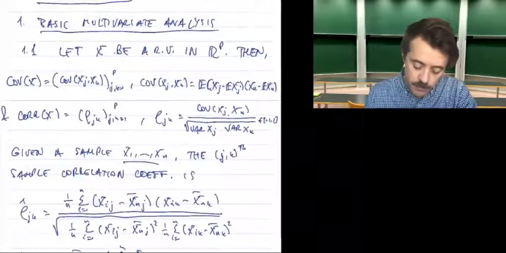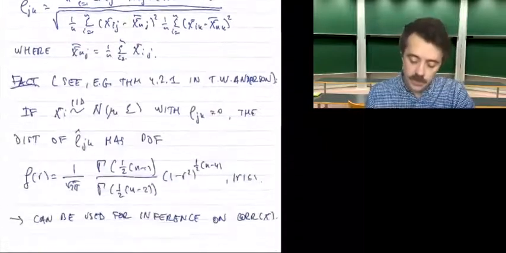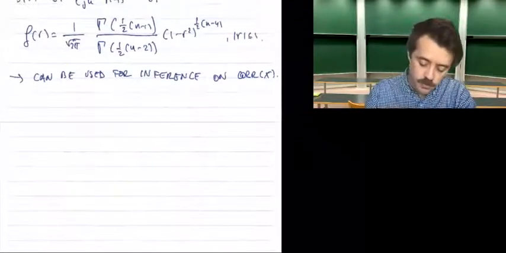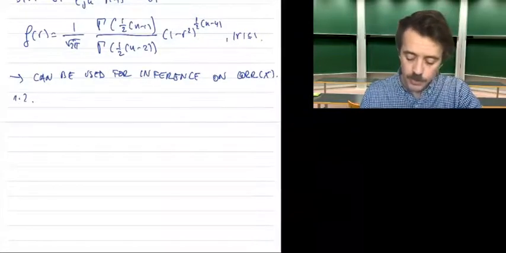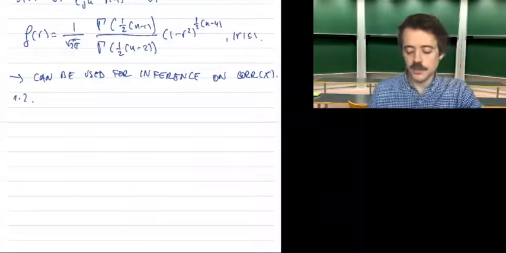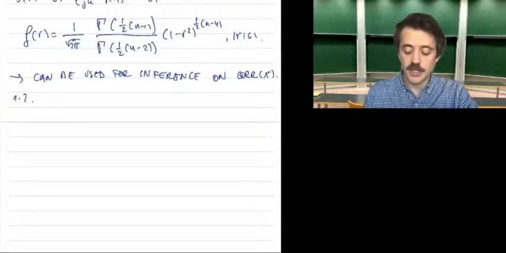So that was 1.1. Let me now say 1.2. What we're going to do is restrict ourselves to, again, a Gaussian experiment.